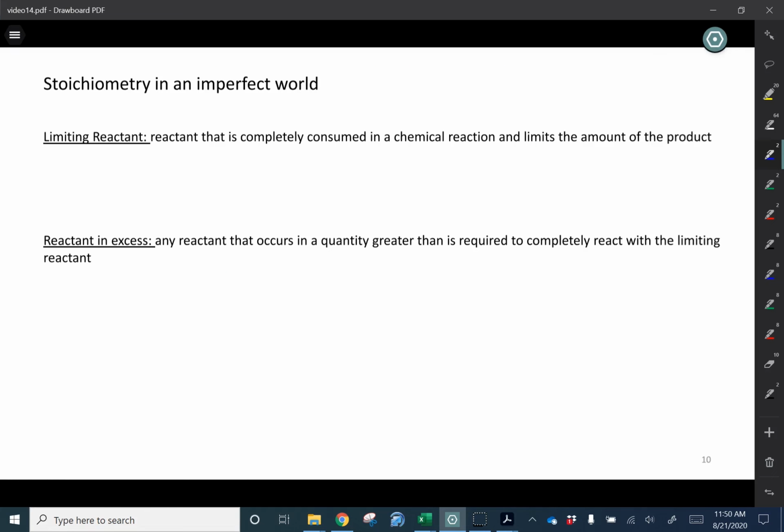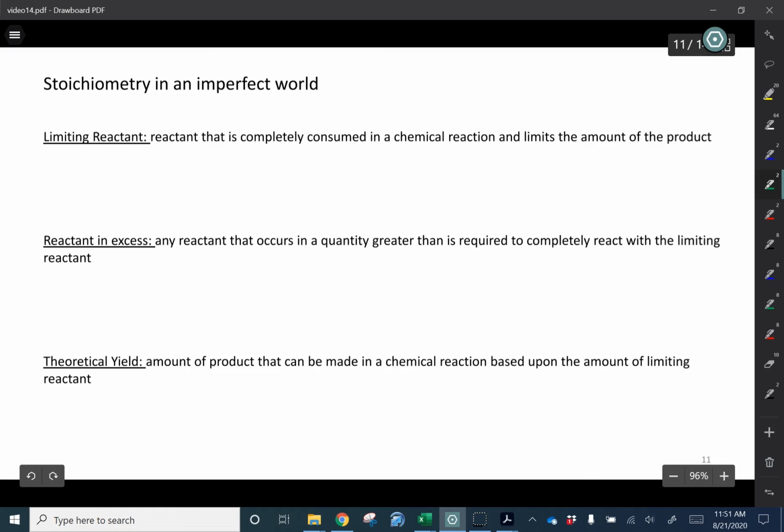So in this problem that we just did, we introduced some terms, and I want to go over these terms again. We were limited in our reaction by the amount of O2. We had an excess of octane, so that's our reactant in excess, and our limiting reactant was O2. And we calculated a theoretical yield of CO2.